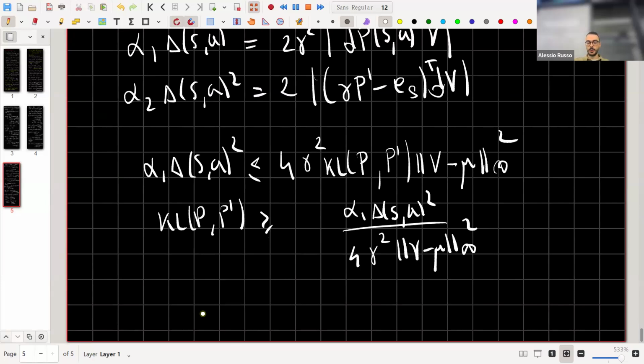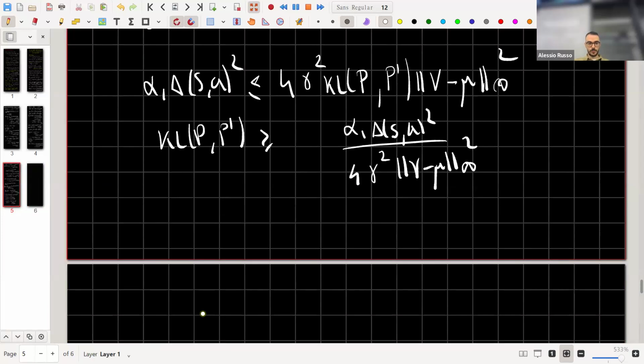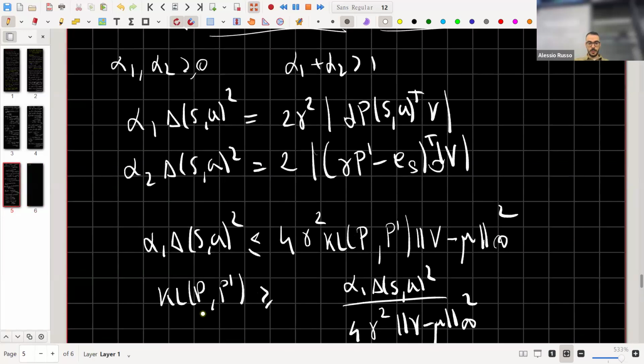And we are going to do the same also for the second term. So the second term, we have alpha 2 delta SA squared. It's equal to 2. We are going to upper bound this quantity.